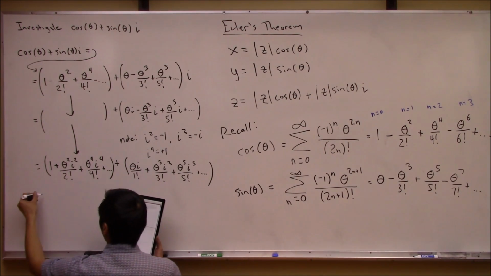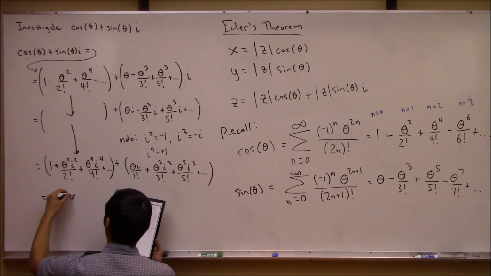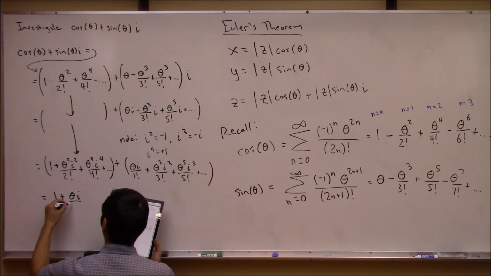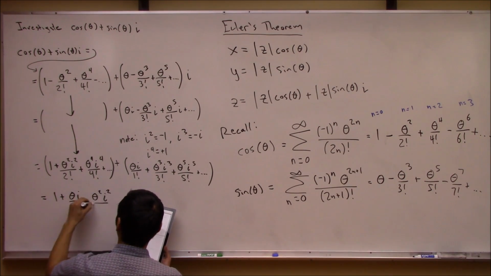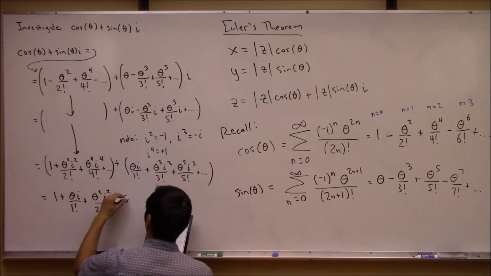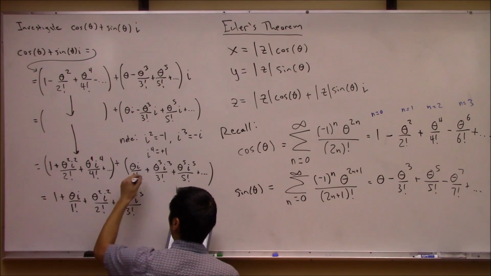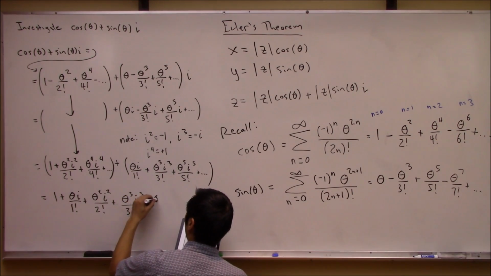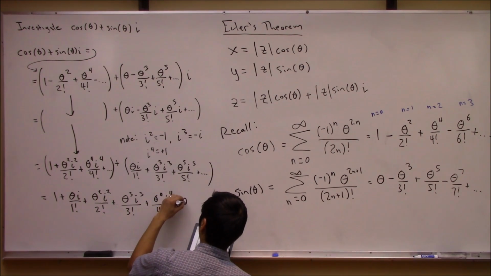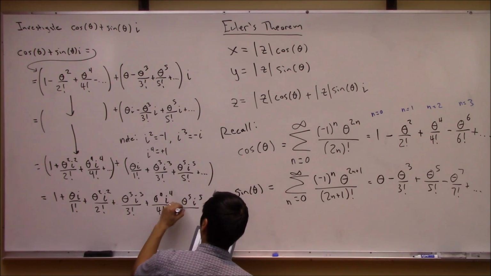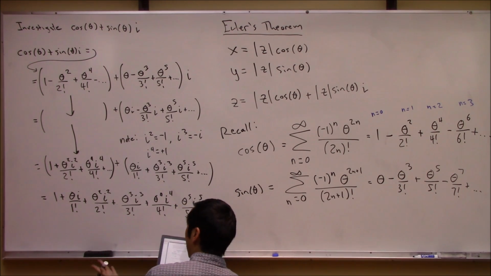Let's combine them. If you look at this thing long enough, it can be rewritten as 1 plus theta I over 1 factorial plus theta squared I squared over 2 factorial plus theta cubed I cubed over 3 factorial, right? So we're just pulling alternating terms, plus theta to the 4th I to the 4th over 4 factorial plus theta to the 5th I to the 5th over 5 factorial plus yada, yada, yada, etc. By now you see the pattern, right?